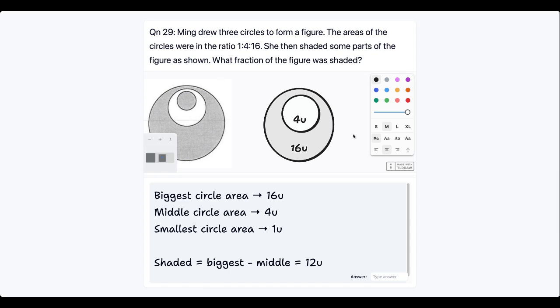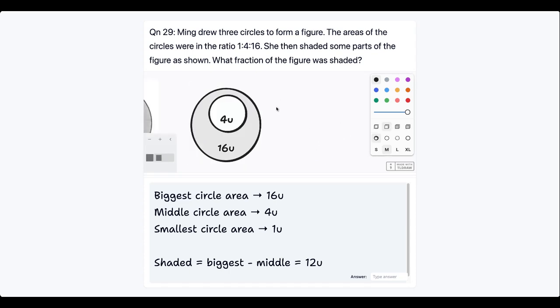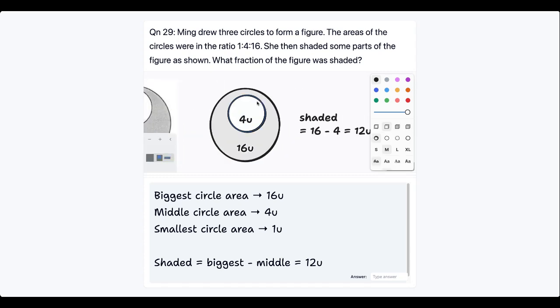Okay, so from here, it makes sense that the shaded will be equal to 16 minus 4, which is 12 units, right? Makes sense. But the thing is, we have an additional one more, which is the smallest one. So what will this look like then? Like this. We have a small one, and this is 1 unit.